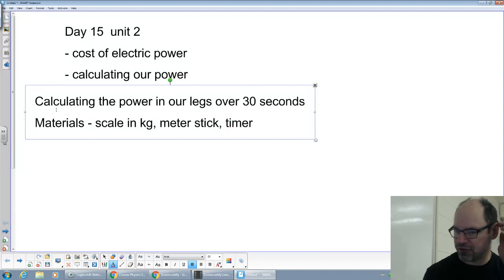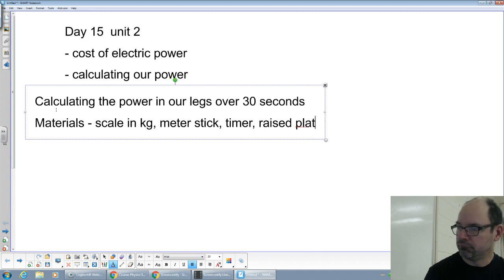You could just set your phone to 30 seconds and put it on alarm, and click it when you start jumping. We also need a raised platform. So basically, that's all we need.